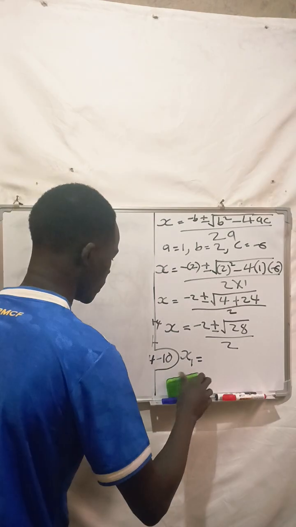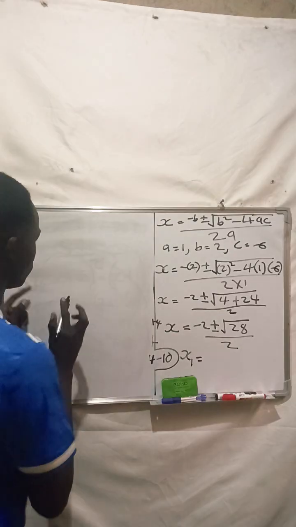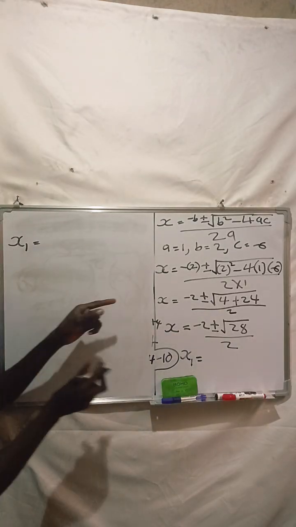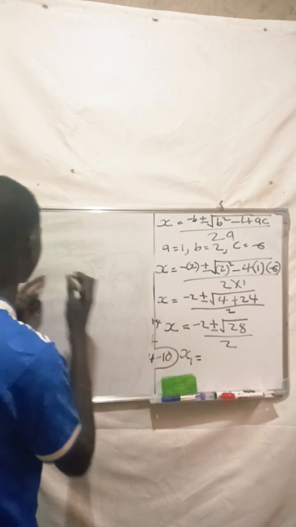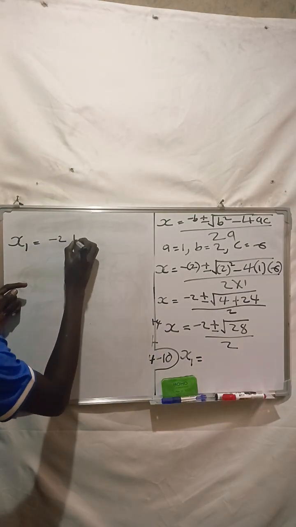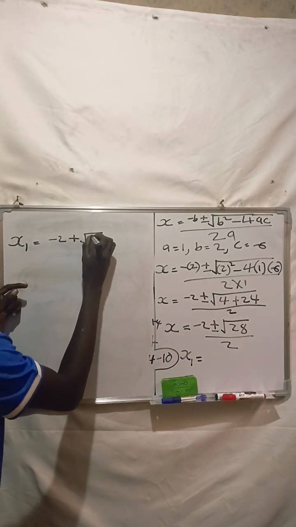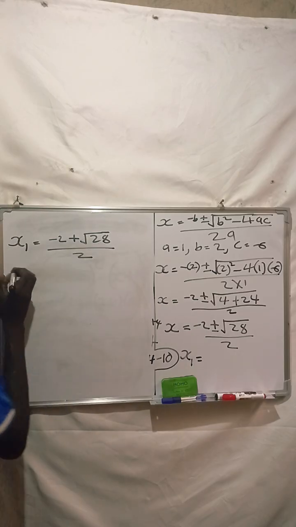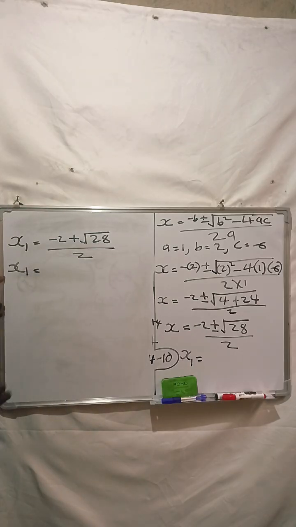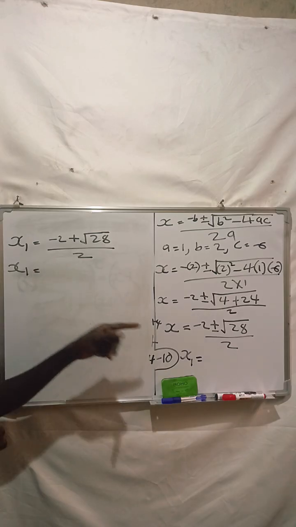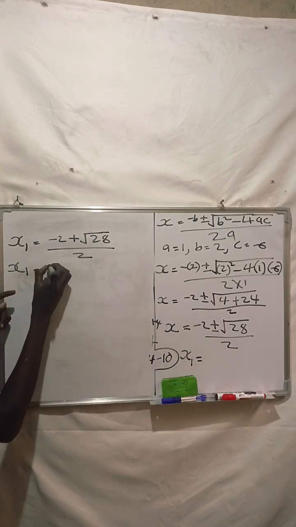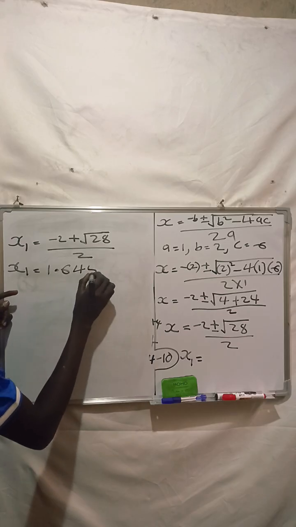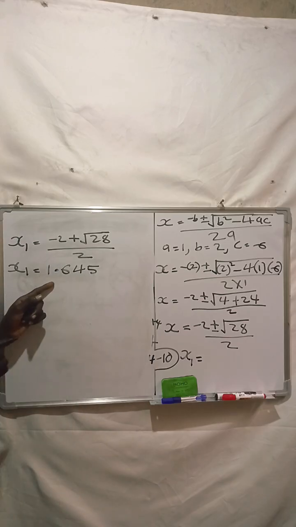Now our x1 is going to be minus 2 plus the square root of 28, all over 2. Now what is our x1? Our x1 is going to be 1.645. This is going to be our x1.